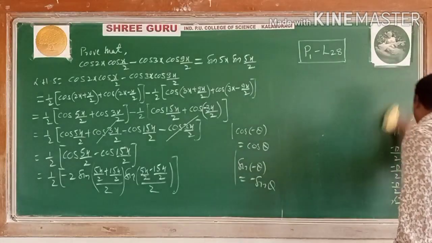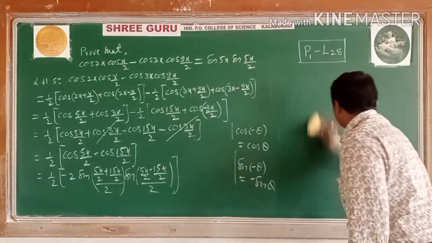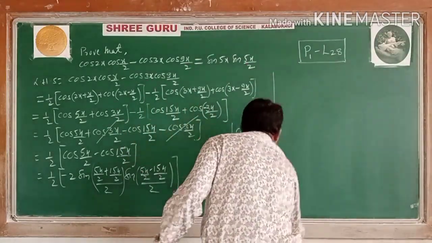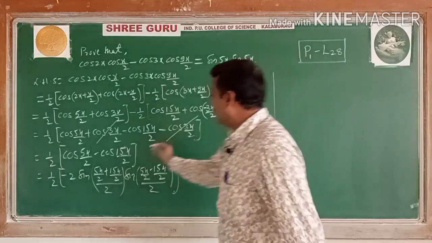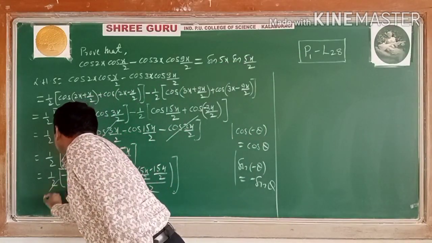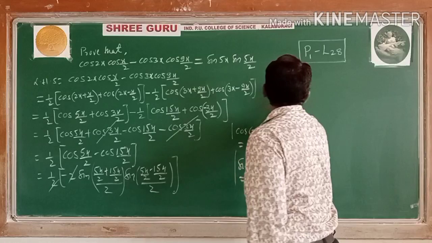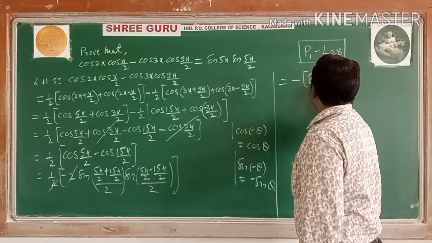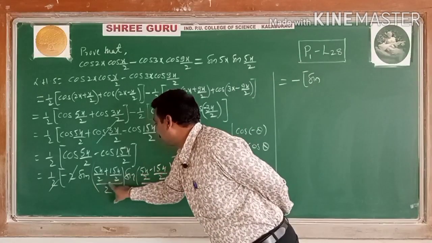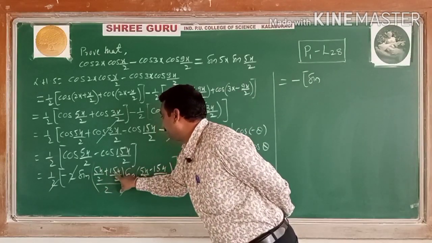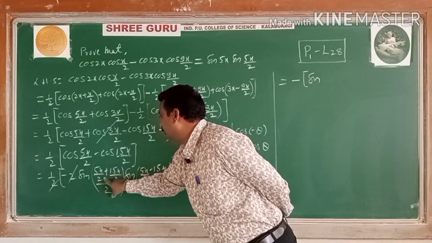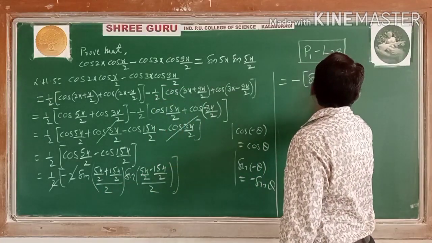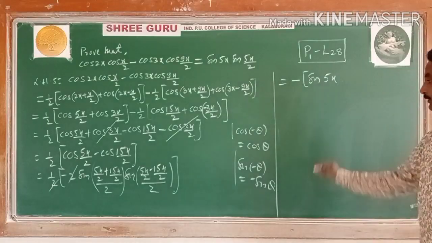You know very well, many times we have discussed. Now this is equal to, see, this 2 and 2 get cancelled, product it is, and the minus remains. Minus of, see inside the bracket, simplification, sine of, first take the LCM: 5x plus 15x is 20x, 20x by 2 is 10x, 10x by 2 is 5x. Are you getting that, students?